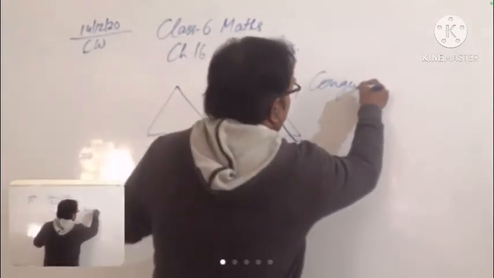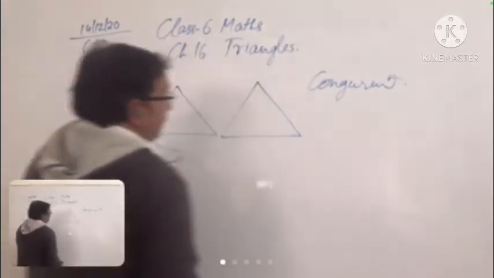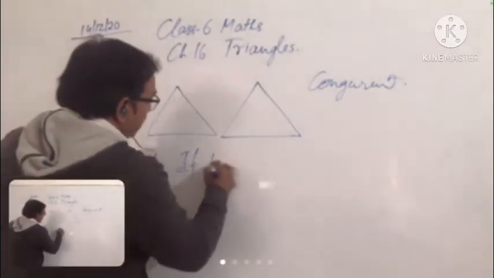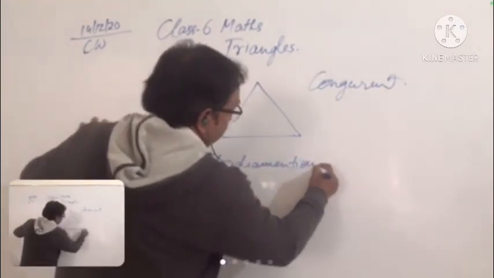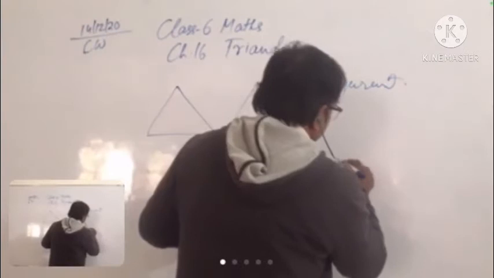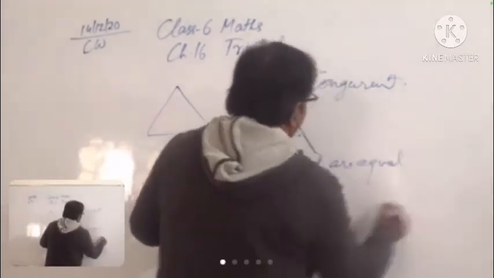Now see congruence. Congruent means two objects must be equal. Suppose two triangles are congruent.